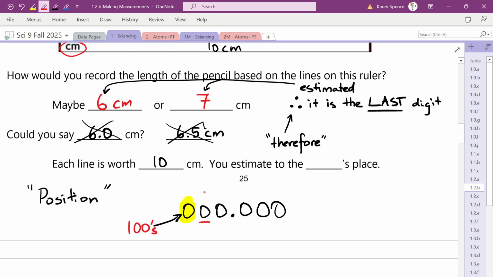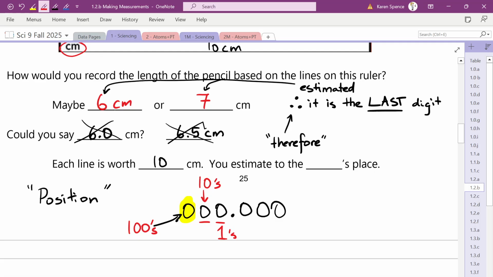What is our next one? Yeah, that's our tens. How about the next one? Yeah, those are our ones. Okay, so we go hundreds, tens, ones.